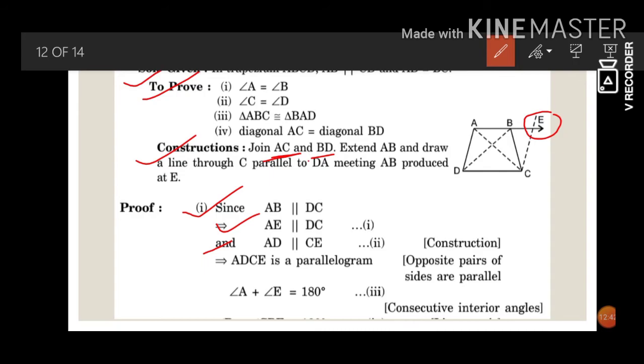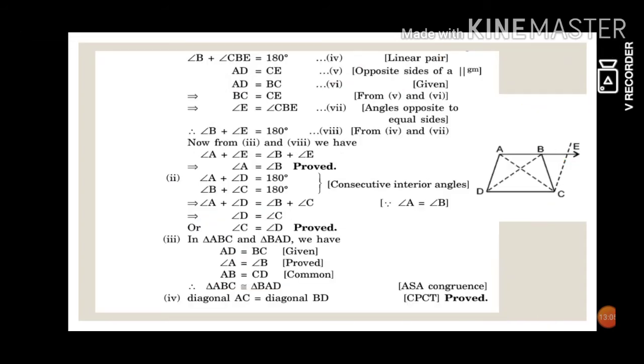So ADCE forms a parallelogram. In a parallelogram, we know that the sum of the angles on the same side is 180 degrees. That means the co-interior angle sum is 180. So angle A and angle E is 180 degrees. This equation we will need later on.